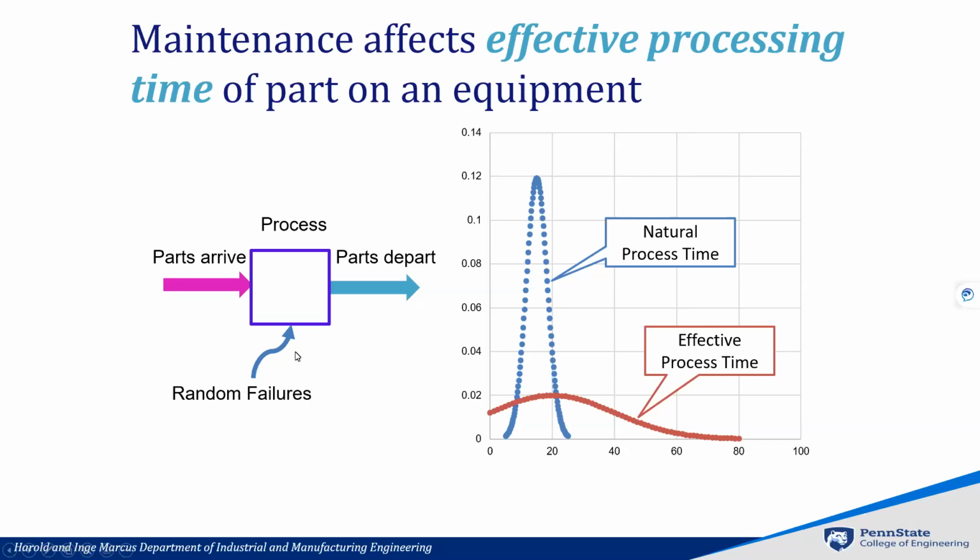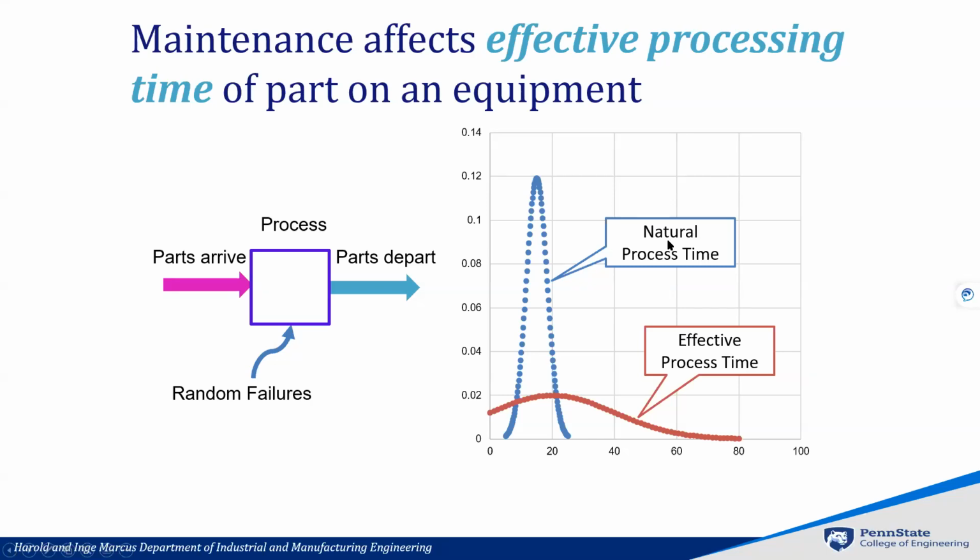Let's suppose in the ideal world we did not have any such random failures, and you stood there with a stopwatch and measured how much time this piece of equipment took to process parts, and you plotted the histogram or distribution. You might get a bell-shaped curve like this blue one with a very narrow spread. That's the term we use to describe the natural process time.